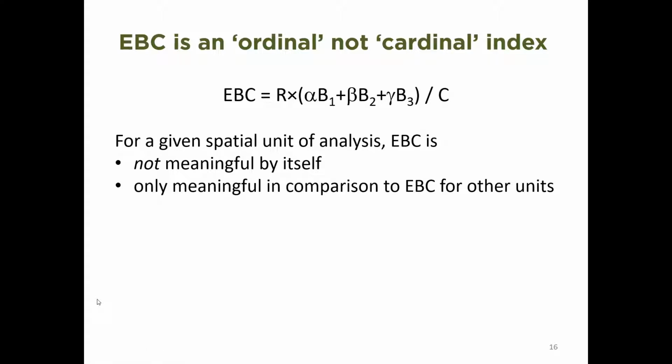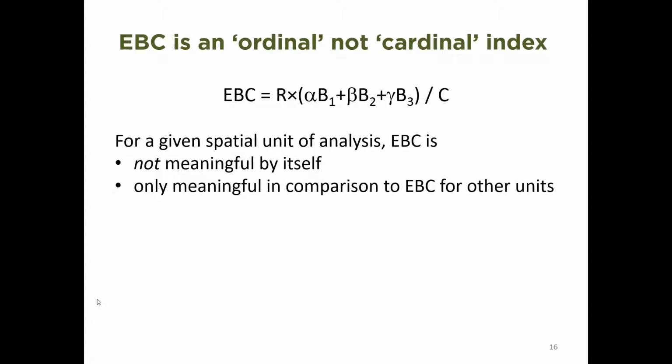It's important to point out that EBC is an ordinal measure and not a cardinal one. The indices of the three ecological benefits are denominated in different units. For carbon, we have tons of carbon. For biodiversity habitat, we have a count, a weighted count of threatened and endangered species.